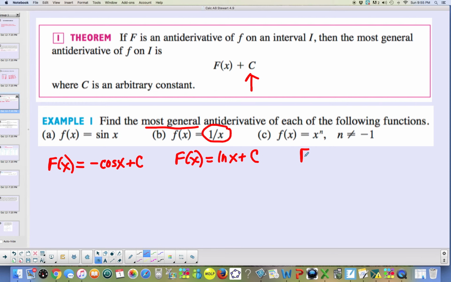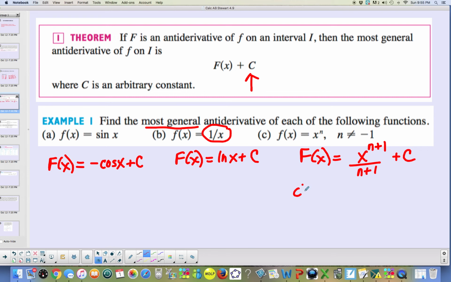For this particular one, I want to think of how I am going to get this as my derivative. I know that this is a power rule. I must have gone up a power in order to have started that way, and I know that there's no coefficient here, so I must have x to the n plus 1 over n plus 1 plus c.